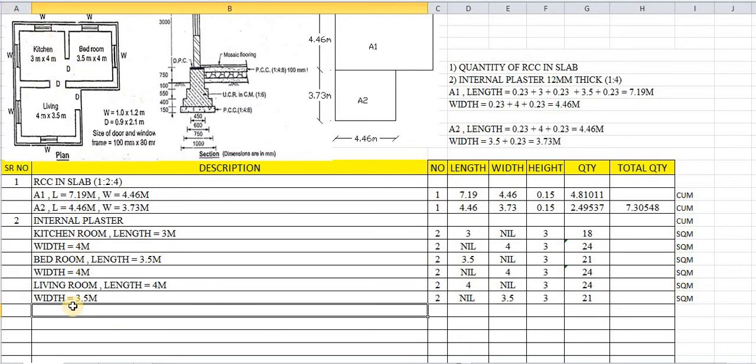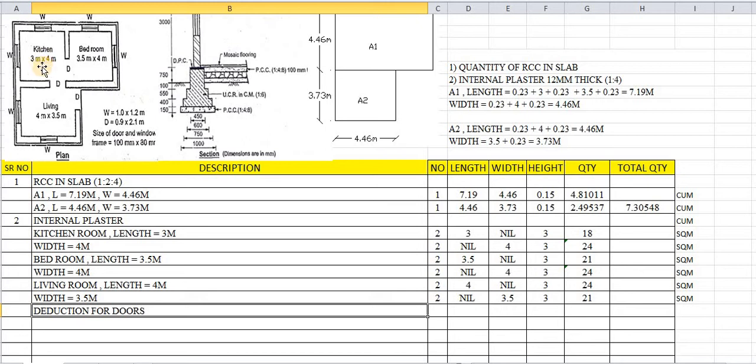So first we will have deductions for doors. First we will find out the numbers, one by one. Don't be confused regarding the openings in doors and windows.